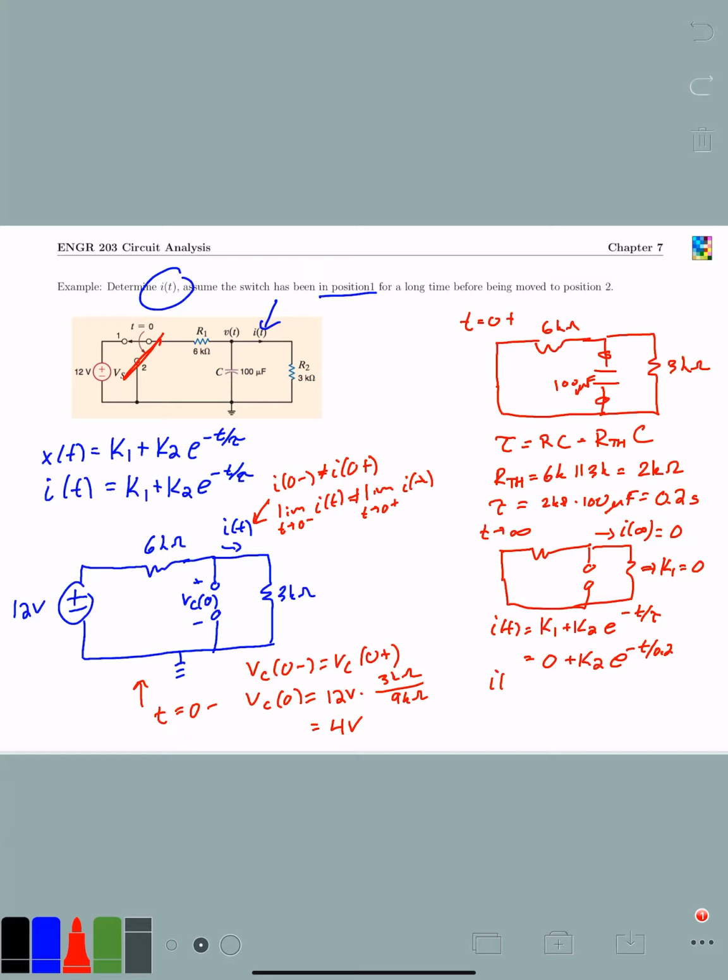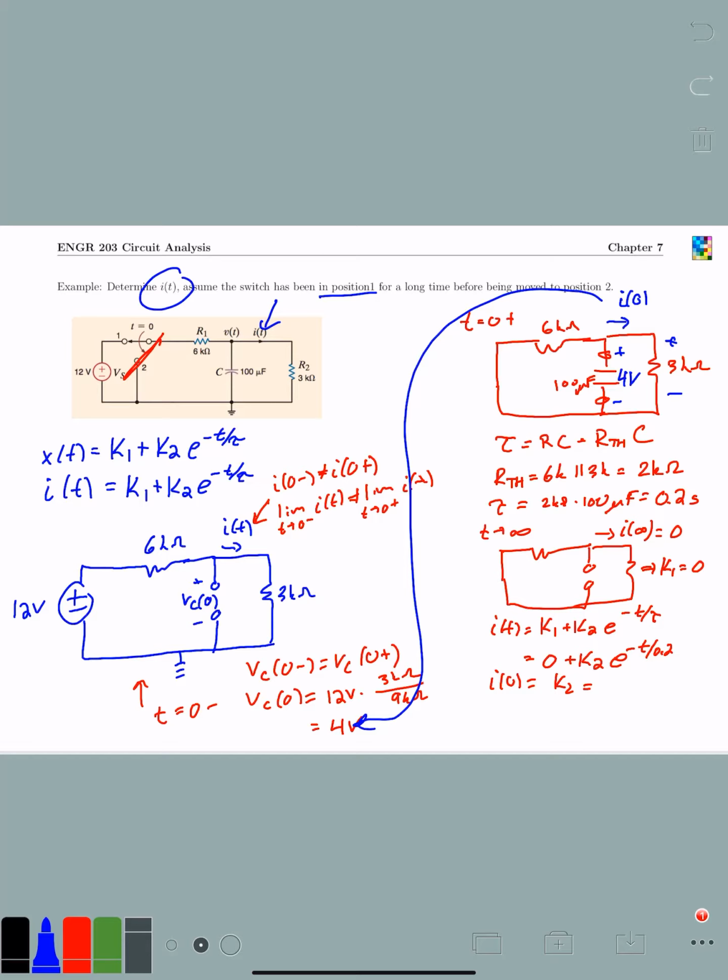And the last thing we know is that if you plug in 0, you're going to get K2, but what should we get? So let's go up to here and ask, what is this current at 0? Well, we know that the starting voltage is 4 volts, that we got from earlier. And so that means the voltage here is 4 volts.